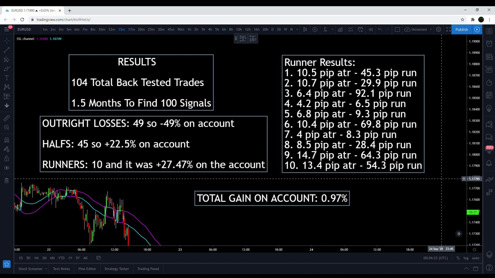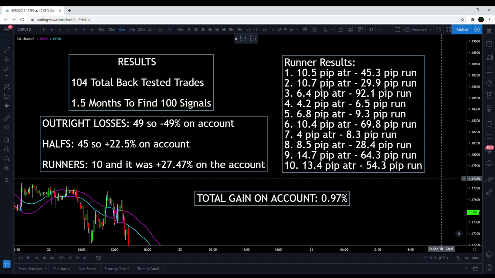And also, a huge downfall was having the stop loss move to break even once that 1 times ATR target was hit, because so many of the runners were missed out on. When it hits that first profit target and the stop gets moved to break even, the price hasn't moved far enough away yet to give it wiggle room.